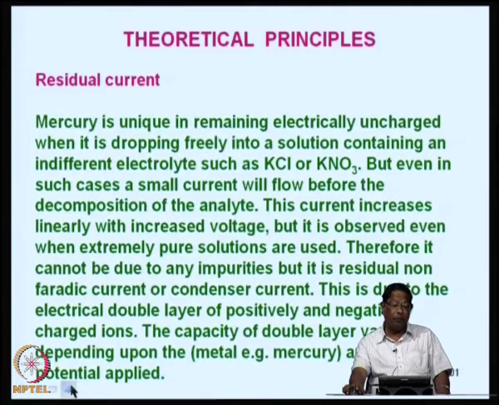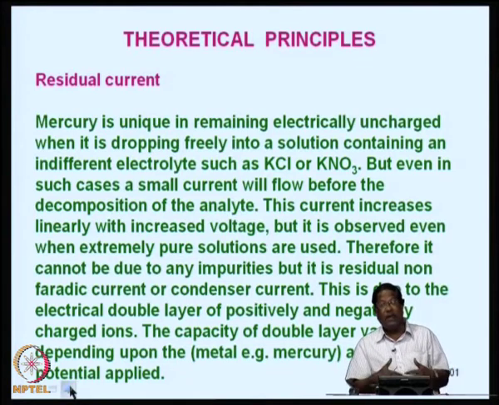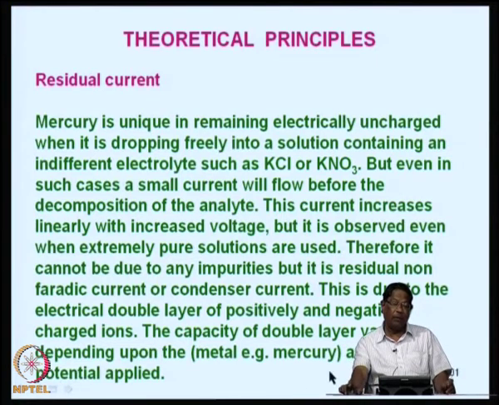So, this current increases linearly with increased voltage, but it is observed even when extremely pure solutions are used. That means, it is not necessarily arising out of the indifferent electrolyte, but suppose you use very pure solutions, even then you would see a small increase in the current as we increase the potential.